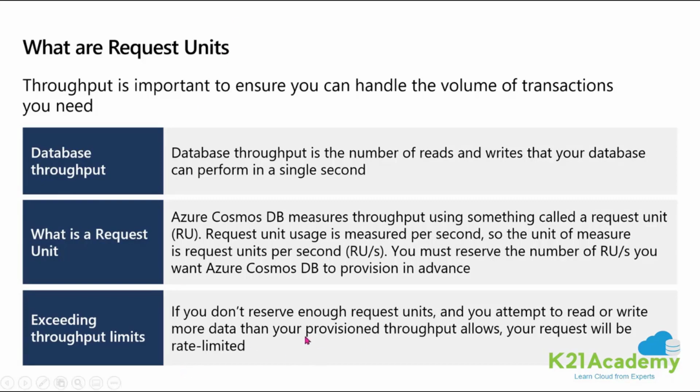If you try to read more than what is allocated, obviously we are supposed to get some error, and the error which we get is called 429. 429 basically means rate limit, upper limit hit. So either we give more resources to Cosmos database, or we simply enable autopilot over there. Autopilot means that it will automatically scale out, scale in. That's a pretty interesting functionality.